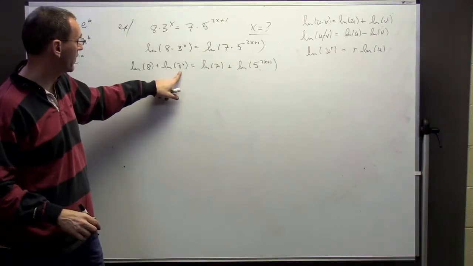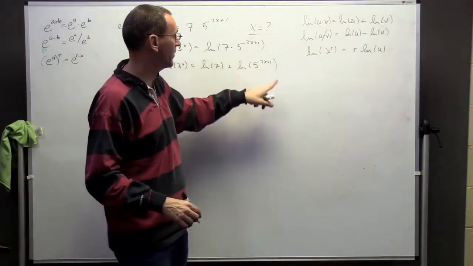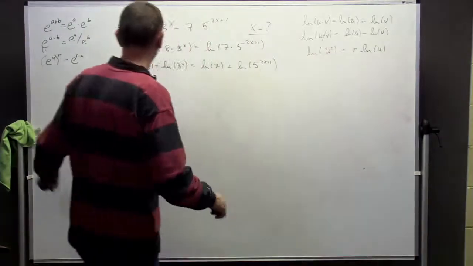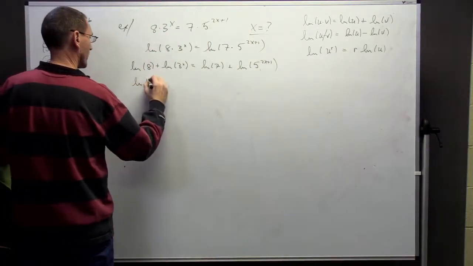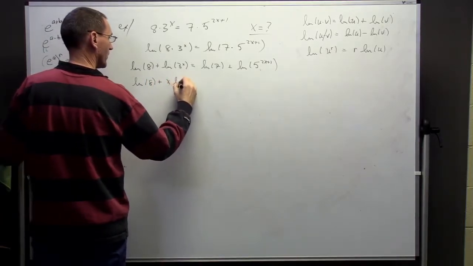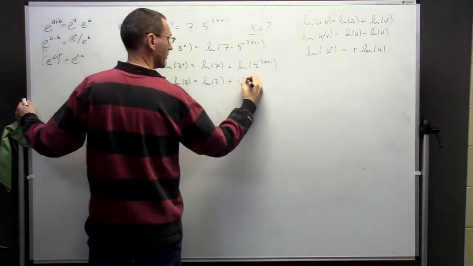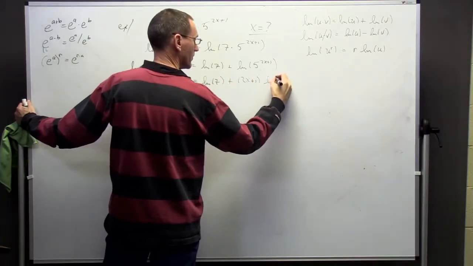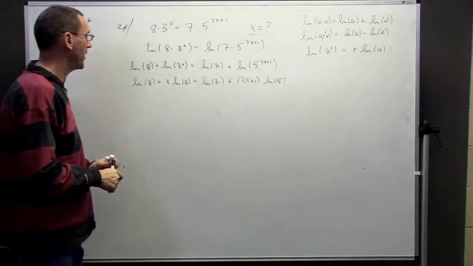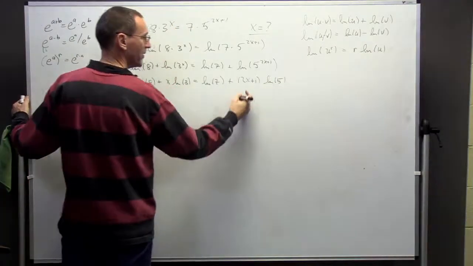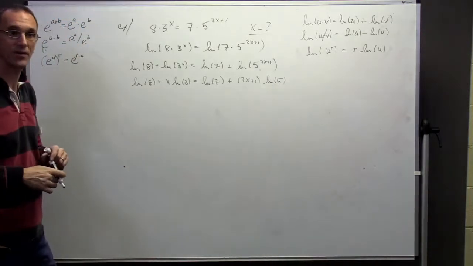This looks like log of a number raised to a power, log of a number raised to a power. So now I can take that power and bring it out. And now I'm feeling very good about things because that's just a number, and this is now a linear equation that I need to solve.